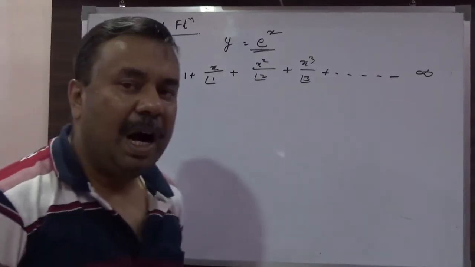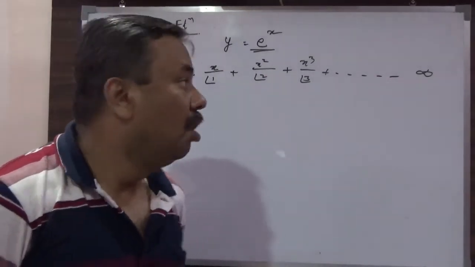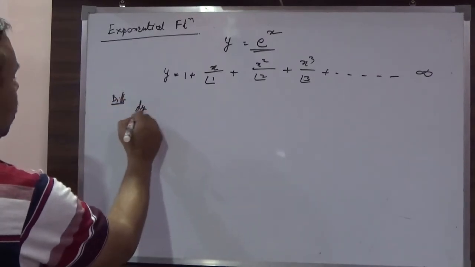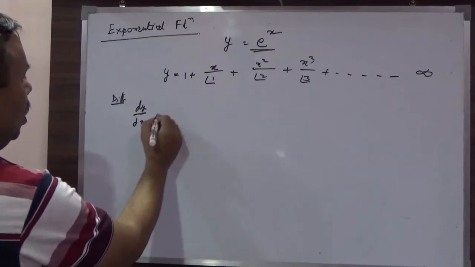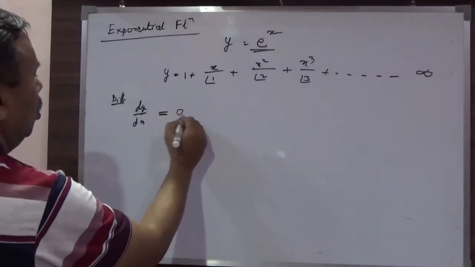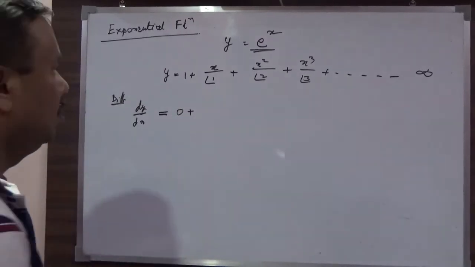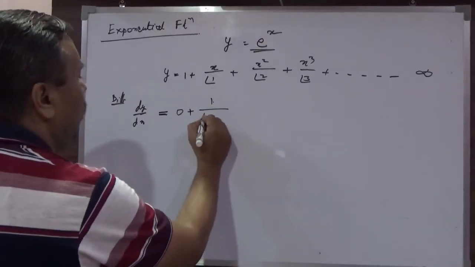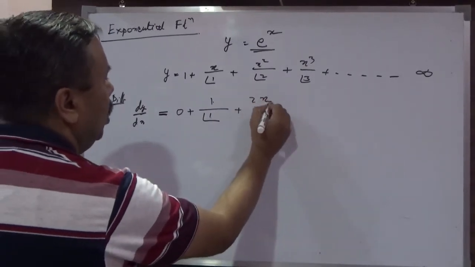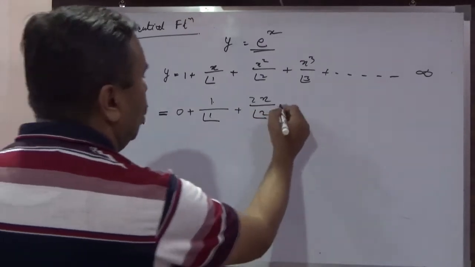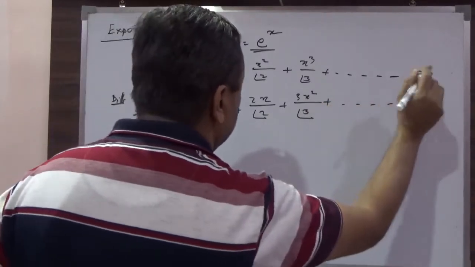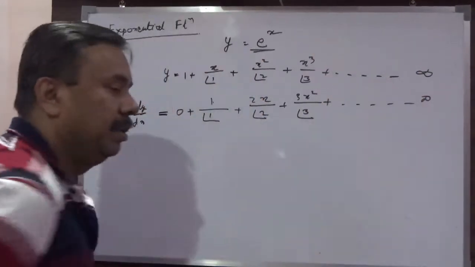Now if I differentiate it, what will happen? Left hand side will be just dy by dx, and right hand side will be 0 plus 1 divided by factorial 1 plus 2x divided by factorial 2 plus 3x square divided by factorial 3 plus and so on up to infinity.